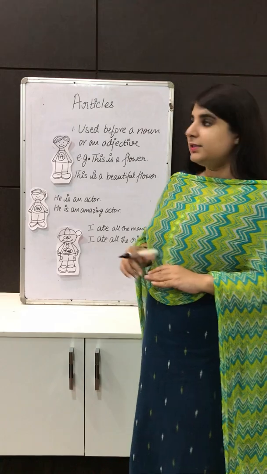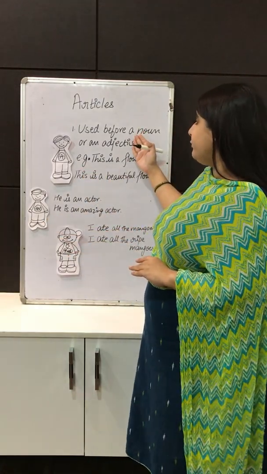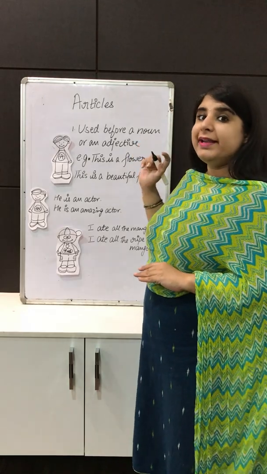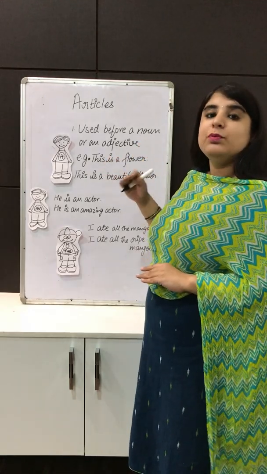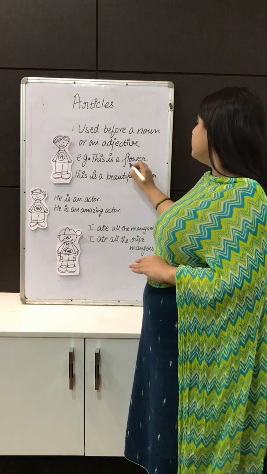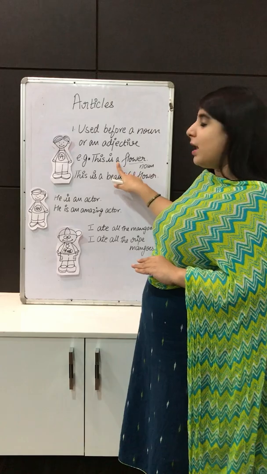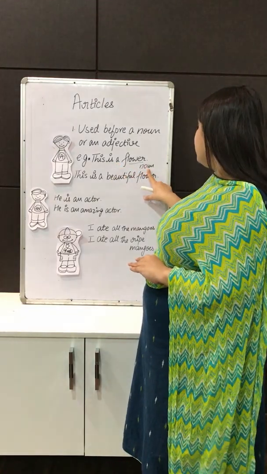The articles a, an, and the are used before a noun or an adjective. Let's see it with the help of examples. This is a flower. Here flower is a noun, so this article is used before a noun.